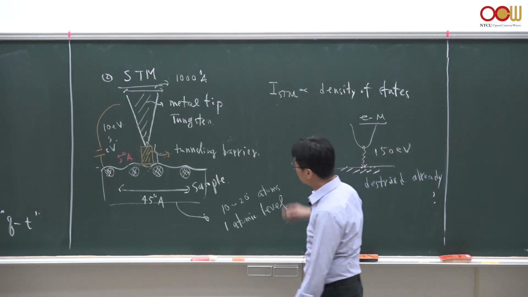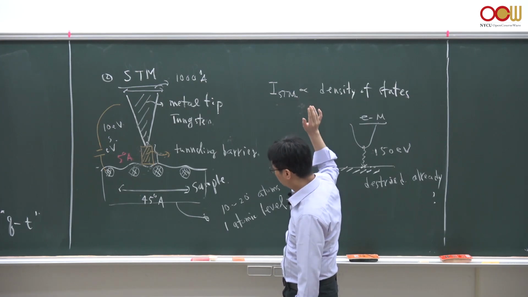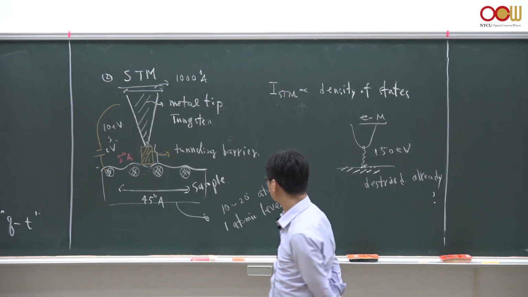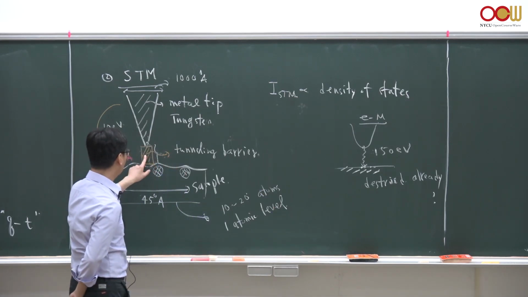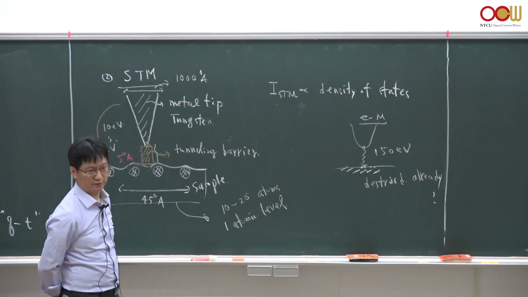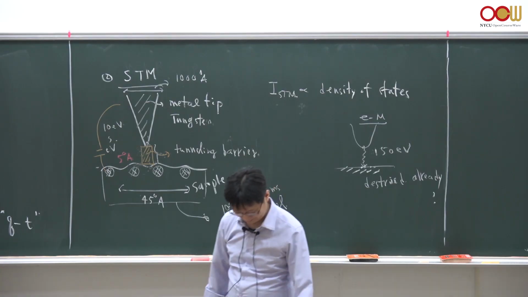Right? So this is the proof, experimental proof, that the quantum tunneling effect is a real, measurable quantum mechanical effect. It's just that you don't know whether the electron ever lives in between. There's no way. But this effect is real.